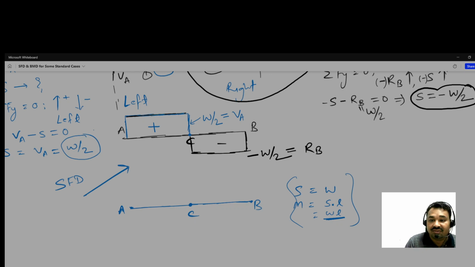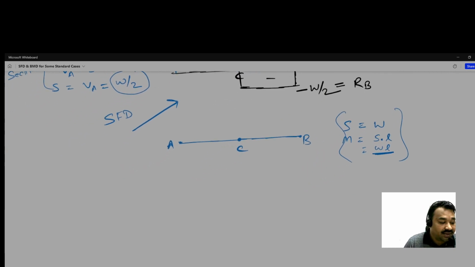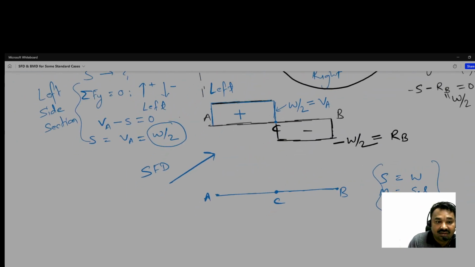So let us calculate the bending moment. Same left side section here, left side we are calculating. So summation of M for the section 1-1 is equal to 0.